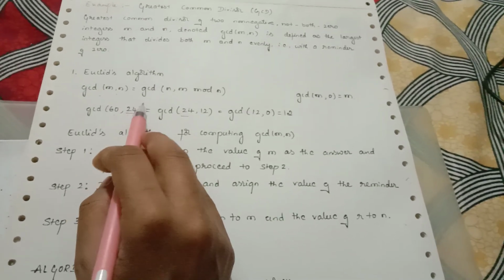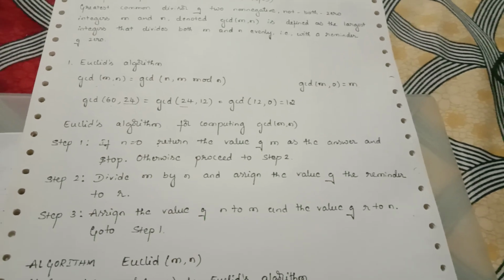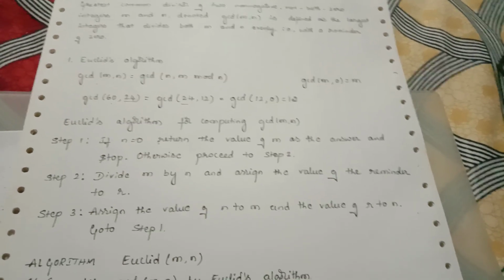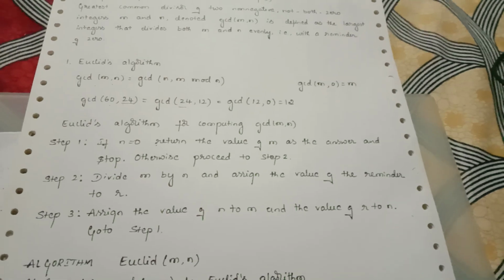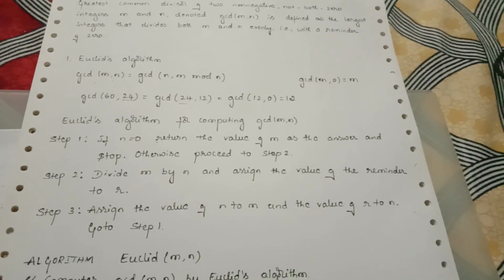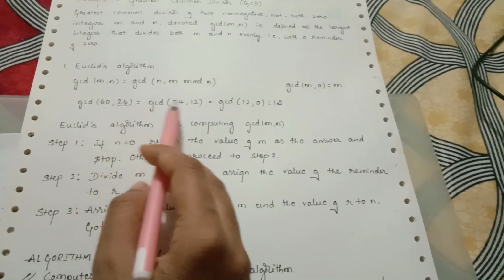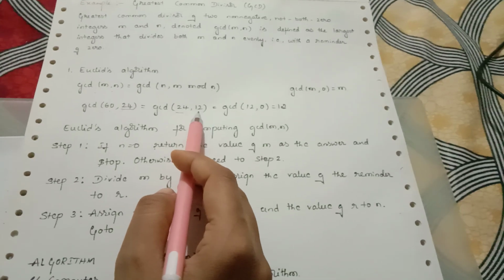What does the mod operation mean? The mod operation gives the remainder. That is, m mod n means m is divided by n, and whatever remainder comes is the answer. So when you divide 60 by 24, we get a remainder of 12.